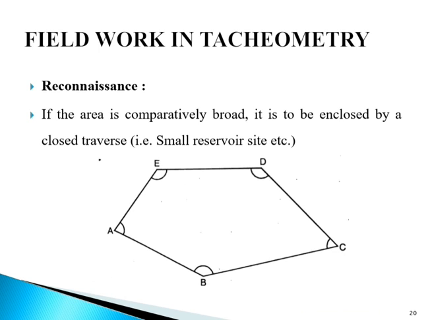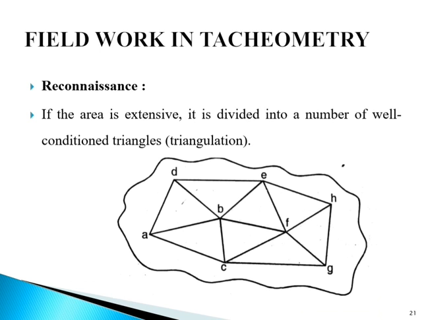If the area is comparatively broad, it is to be enclosed by a closed traverse, for example a small reservoir site, etc. Then it will be like this image. If the area is extensive, it is divided into a number of well conditioned triangles, or triangulation.